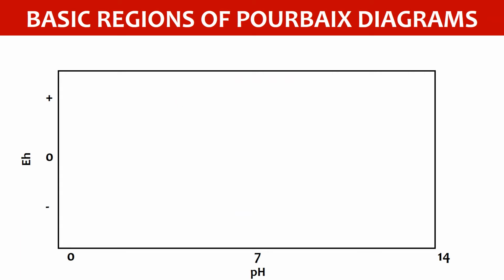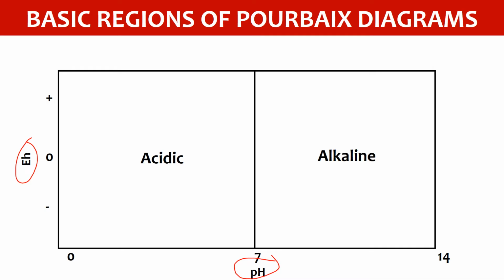So basically, this is the starting point of your Pourbaix diagram. We are now looking at the basic regions of your Pourbaix diagrams. Here we've got your potential, and here we've got your pH. pH 7 is considered to be the neutral pH.